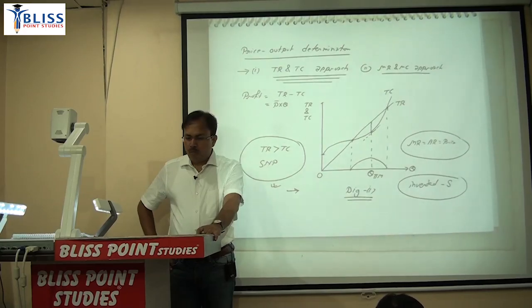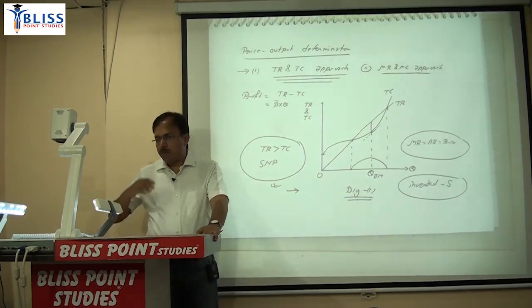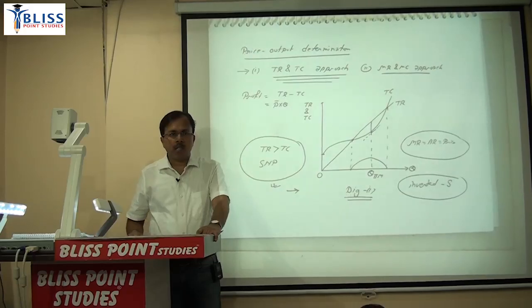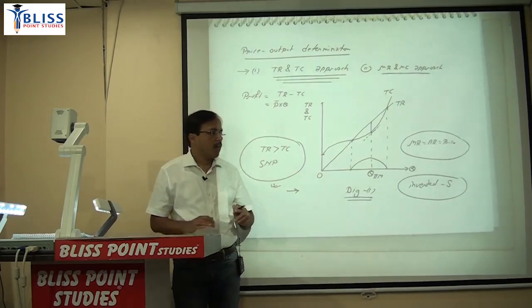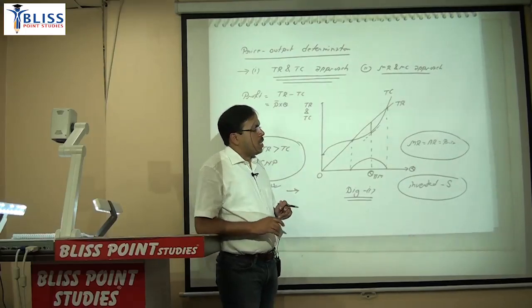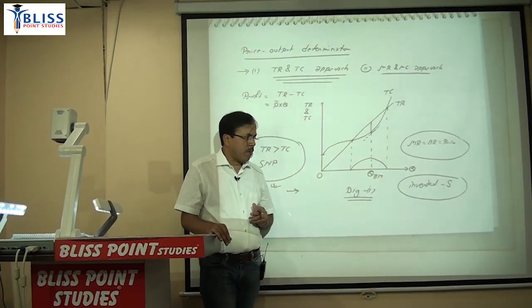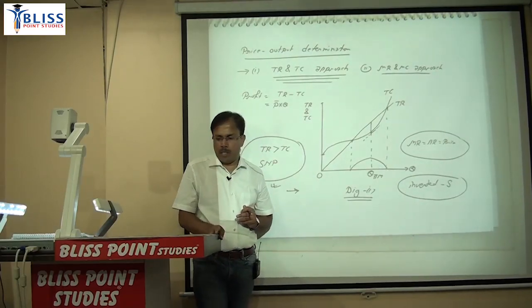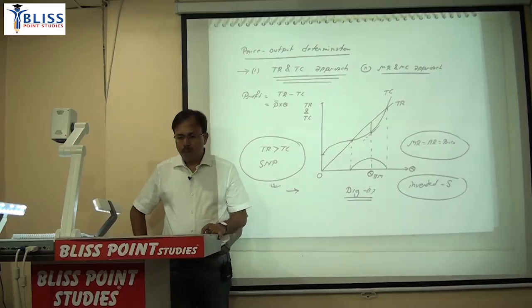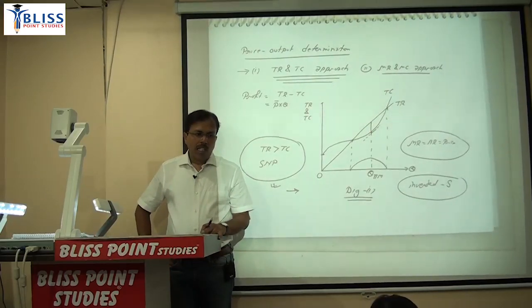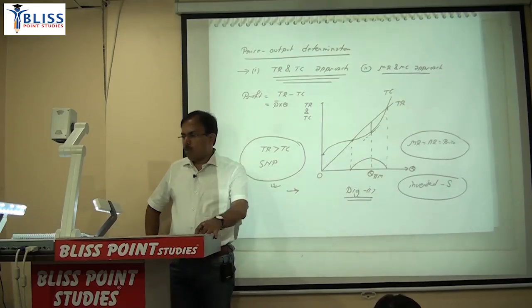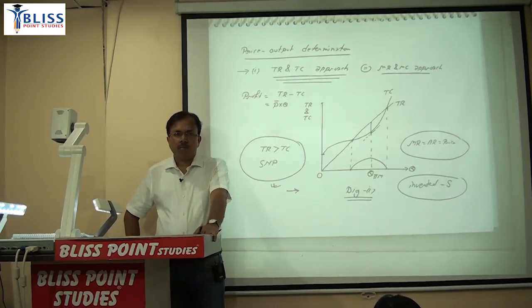Also, the firm maximizes profit when distance between TR and TC is maximized.